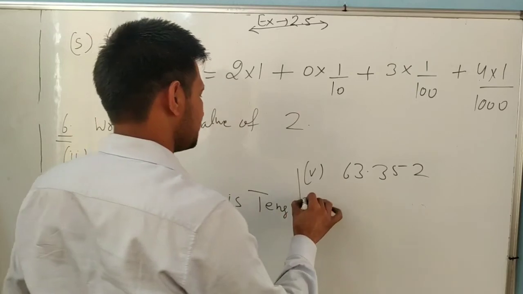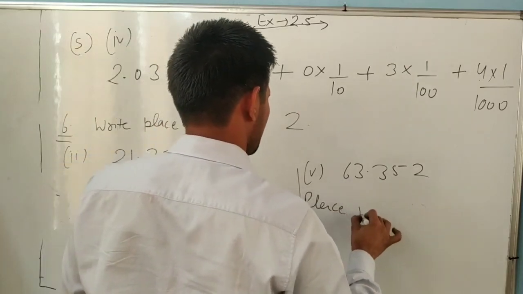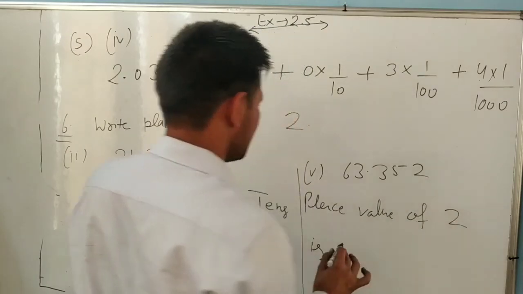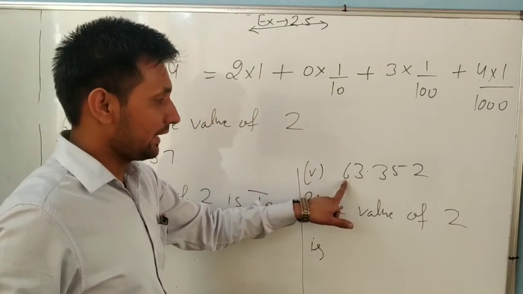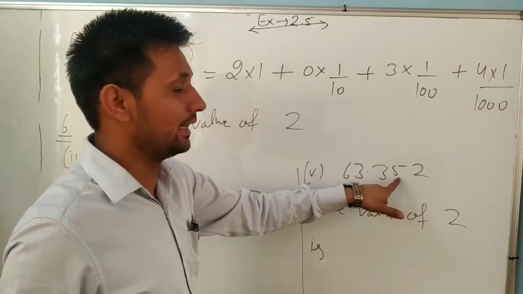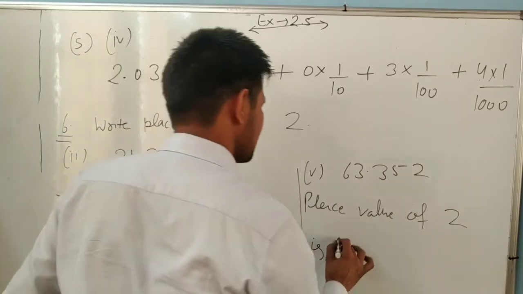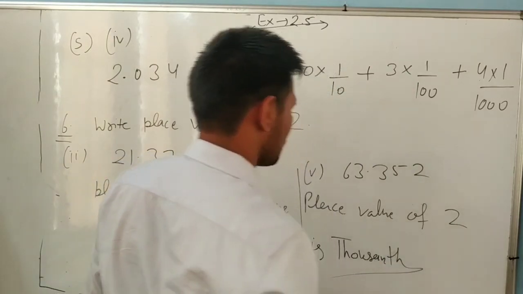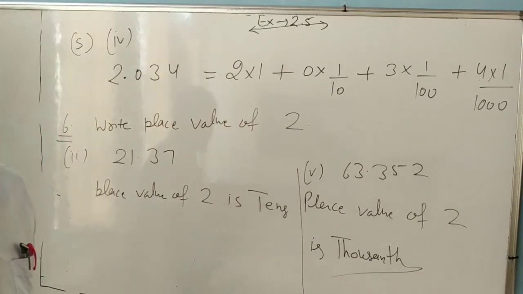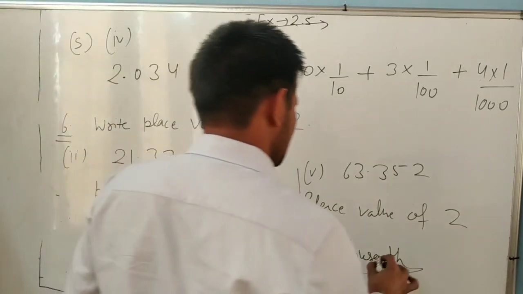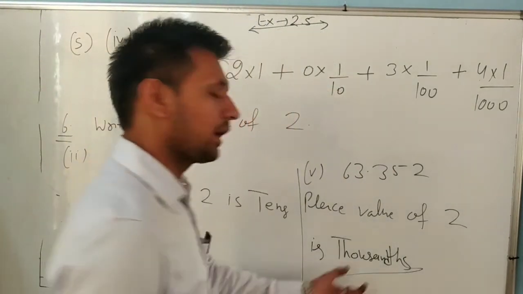So write place value of 2 is, it is thousandth. Understand? So it is thousandth. Okay, so it is okay.